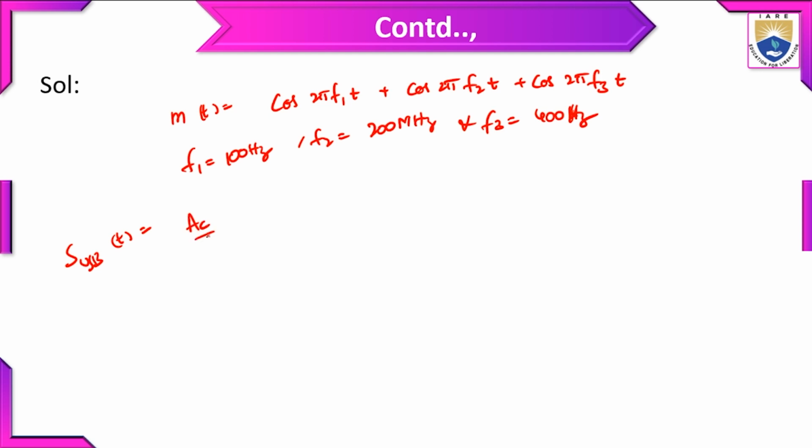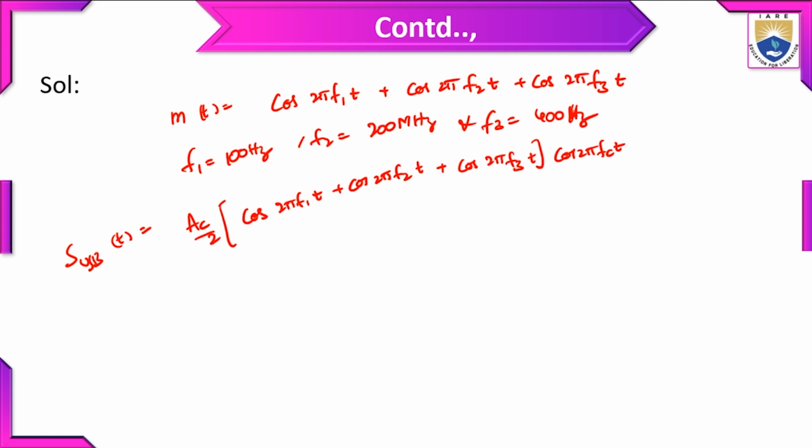So that is (A_c/2)[cos 2πf1t plus cos 2πf2t plus cos 2πf3t] times cos 2πf_ct.